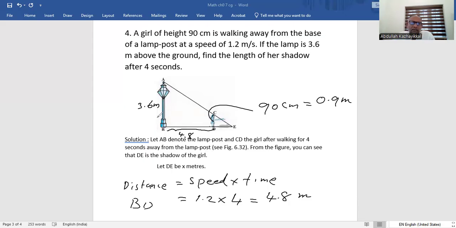As before we can say, from triangle ABE, triangle ABE is similar to triangle CDE. Are you following or not? Hello, my children, are you following? Okay.